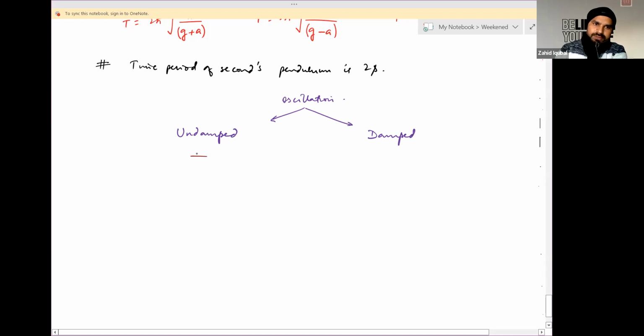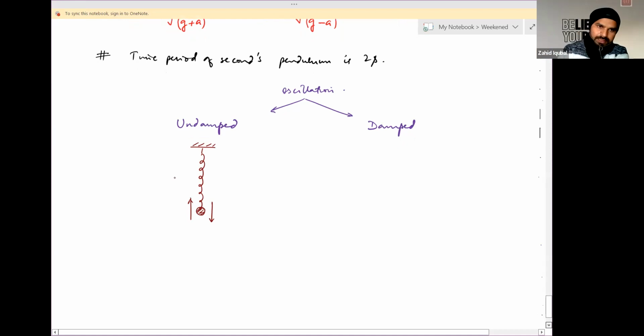Suppose a spring attached to a support with a bob is oscillating to and fro. If there is no viscous medium in its surrounding, its amplitude of oscillation will remain the same at all instants.